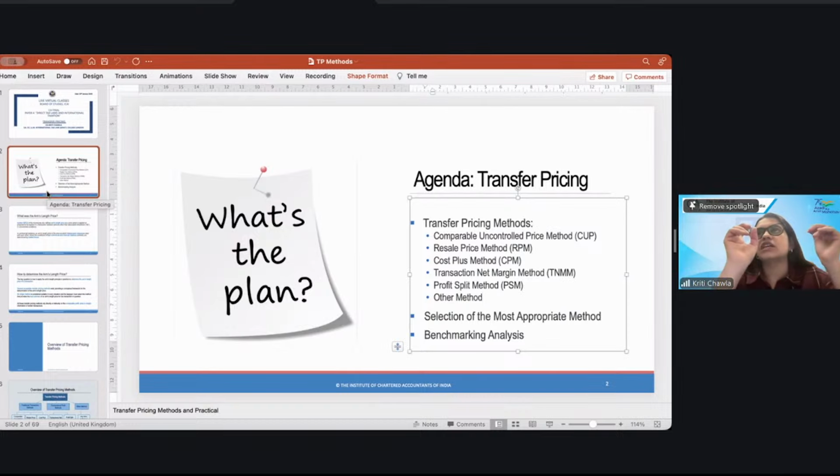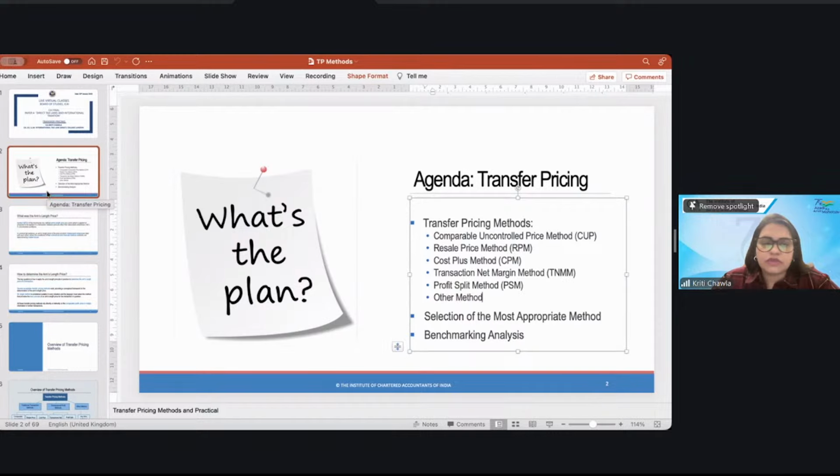You've discussed arm's length price, associated enterprises, international transactions, and all these methods. How does everything come together to undertake a transfer pricing analysis for a particular client? That will be my agenda for today. And obviously, I will keep the examination perspective in mind for sure. So that's going to be the plan for today.